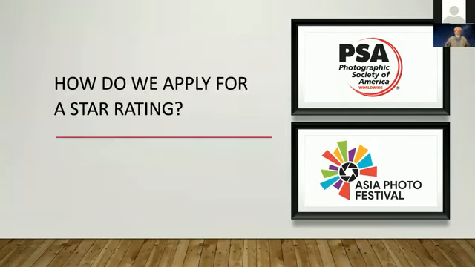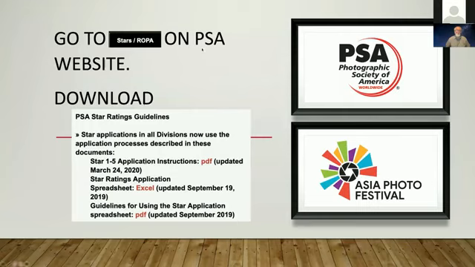So how are you going to apply for these star ratings? Well, that's a fairly simple process. Go to the PSA website and you'll see this button, stars/ROPA. And from that page, you will find a section that looks like this, the star ratings guidelines. And here there are 3 documents you can download.